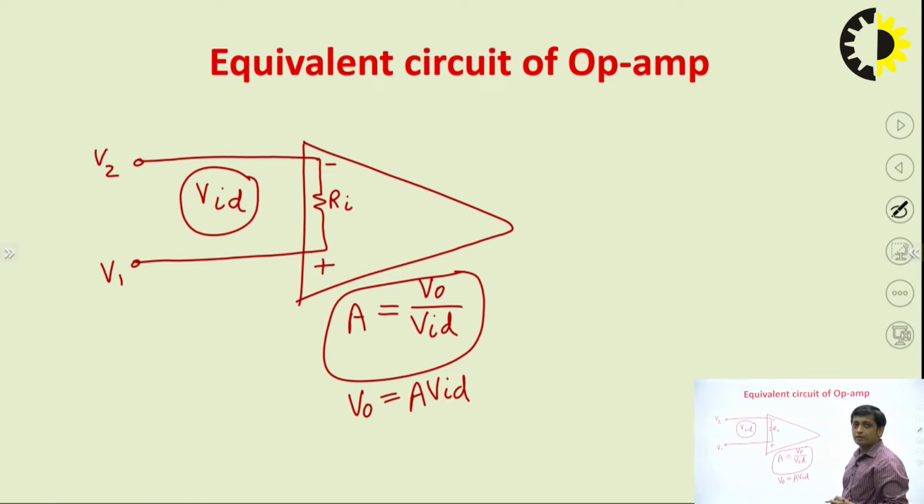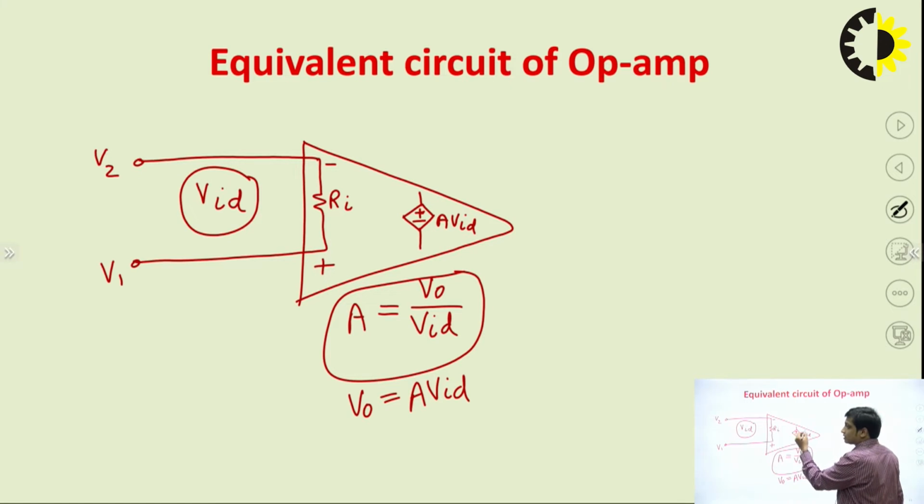To realize it, we need a voltage-dependent voltage source, that is a controlled source. Inside the box we write plus minus, and outside the box is the output voltage, that is A into VID, where VID is the input differential voltage and A is the gain of the op-amp.